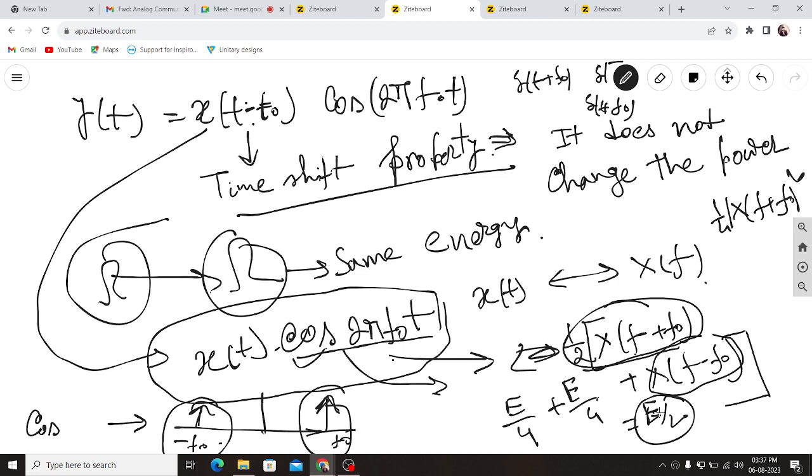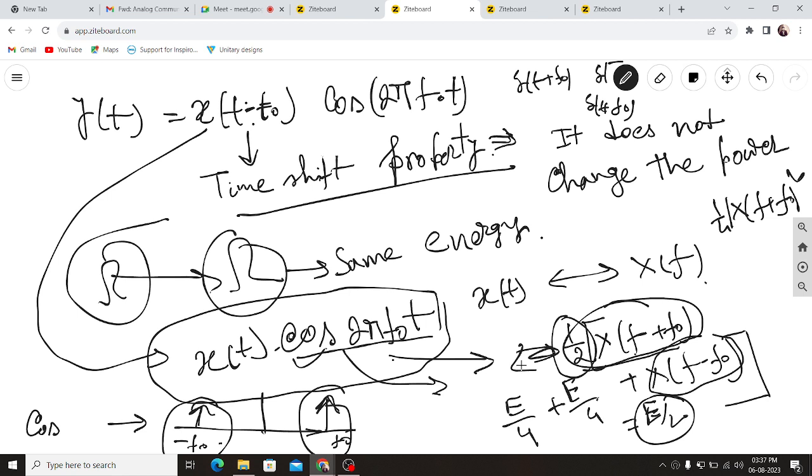Sir, why is it E by 4, sir? When a signal is shifted, its magnitude and its energy will be the same, sir. So X(f plus f naught) and X(f minus f naught), but there is a multiplication factor of half, right?